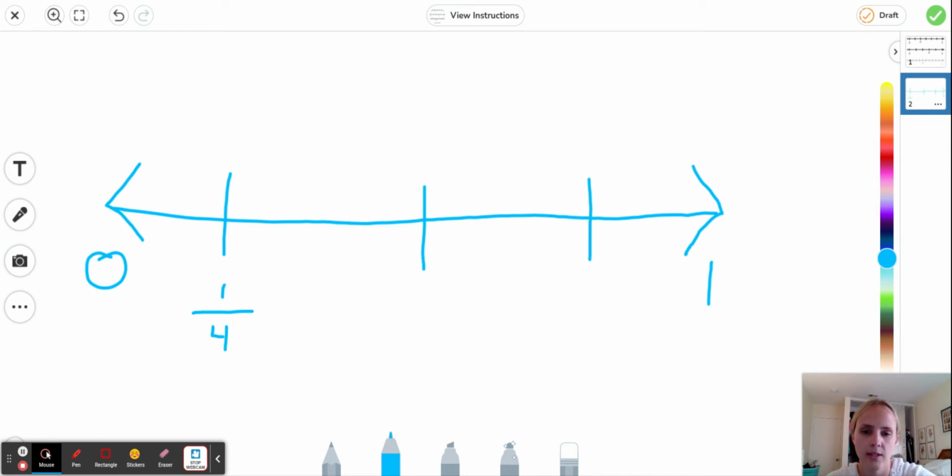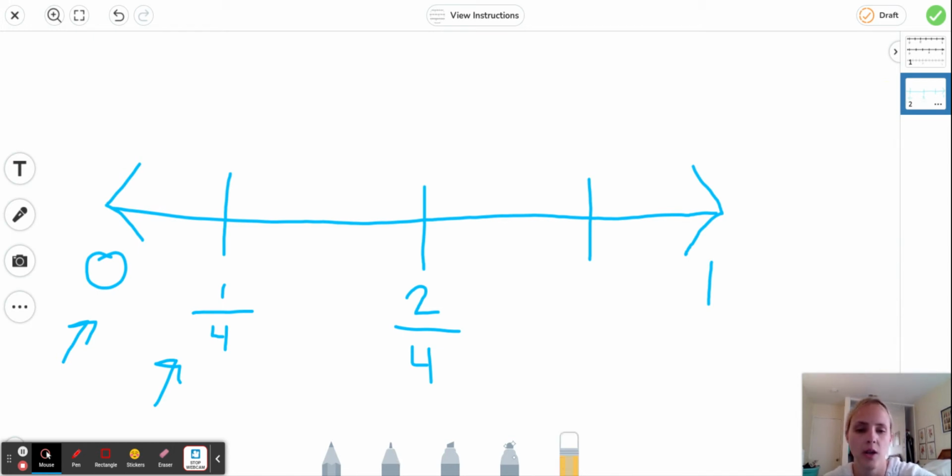What could that next line be? We have 0, 1/4. What comes after 1? 2. So yes, this next line is 2/4. That's 2 sections out of 4 sections that this line is broken up into.